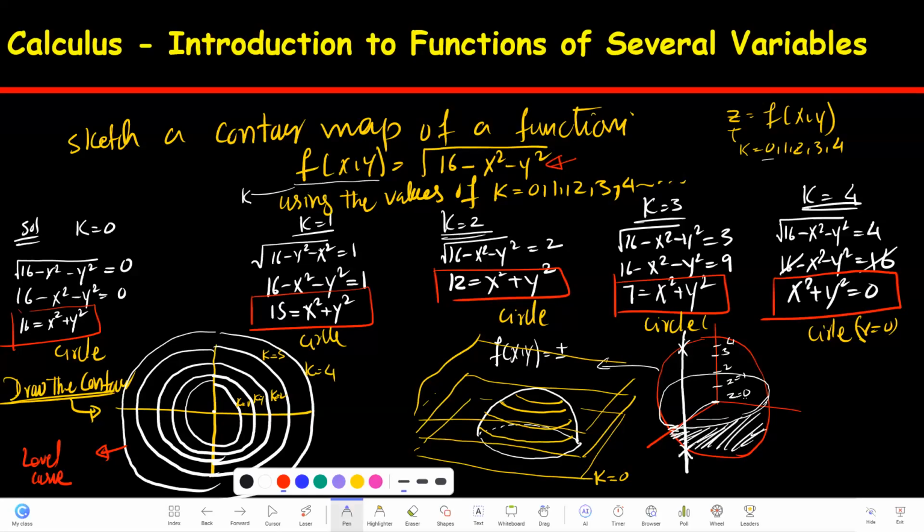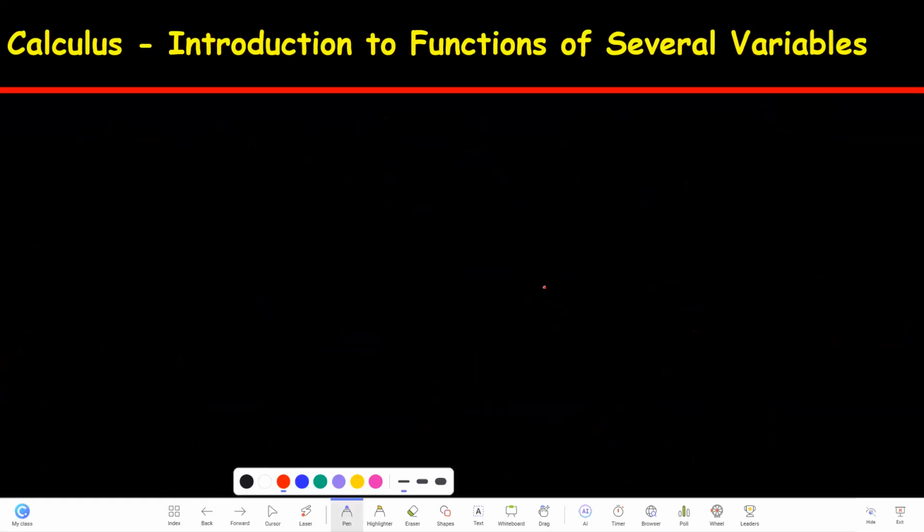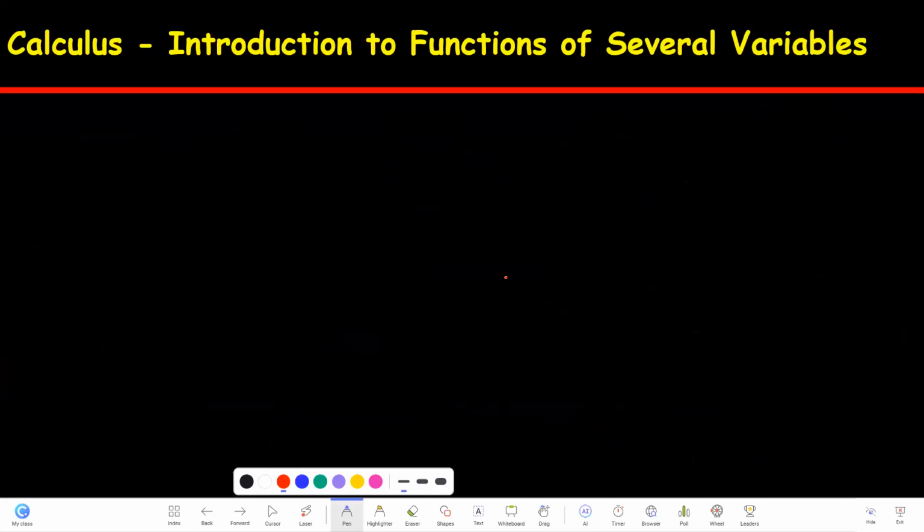If I'm going to give you another example, it's going to look like this. But what we're going to do is use the calculator for that. Let's take a look at another problem. The example here is: sketch the contour map of the function.